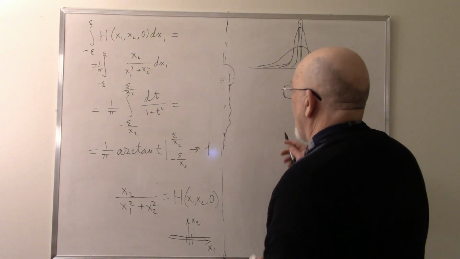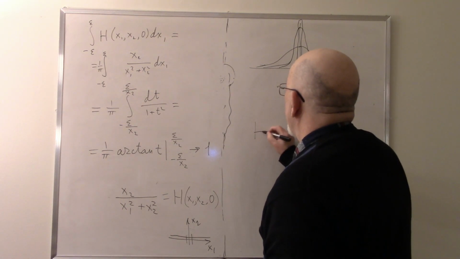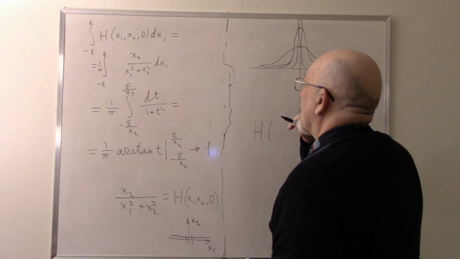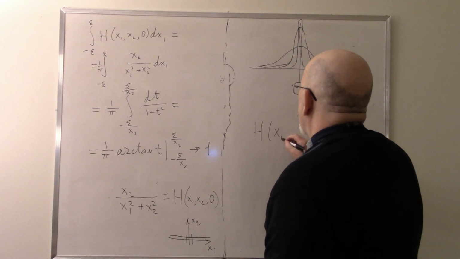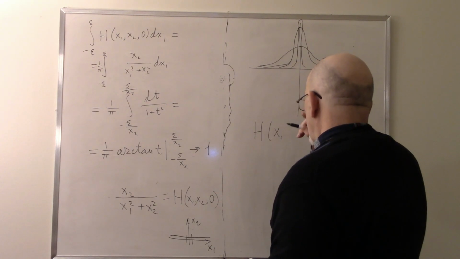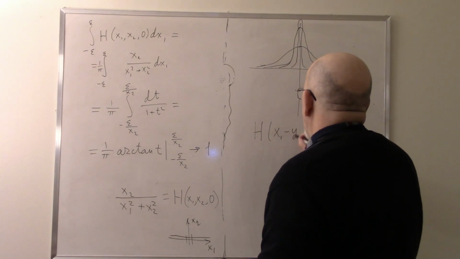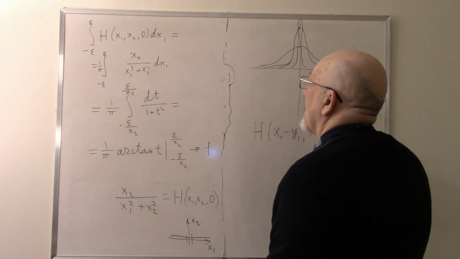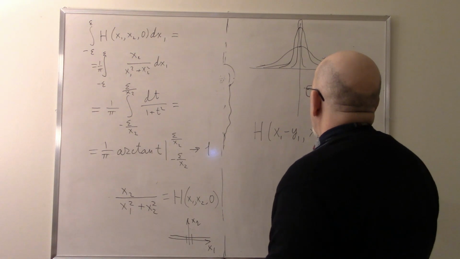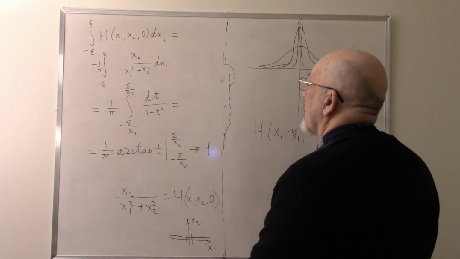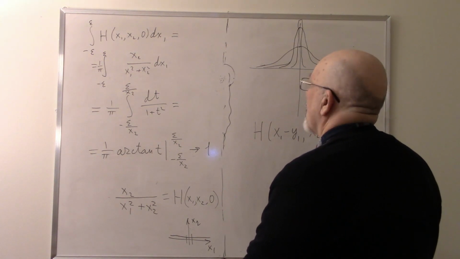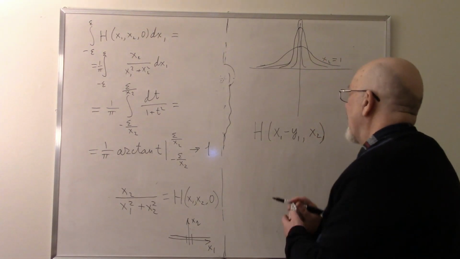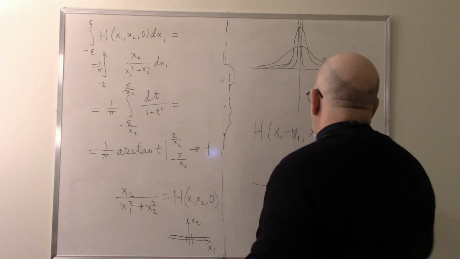And the last is the following. The function h of x1 minus y1, x2 is just a moved function.